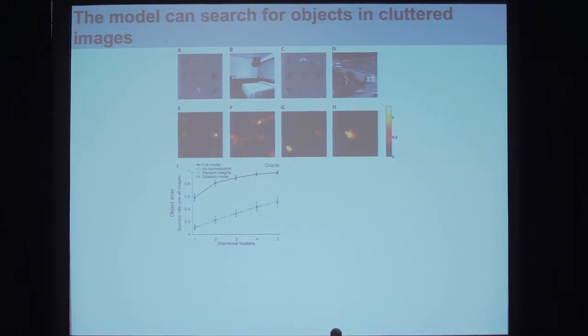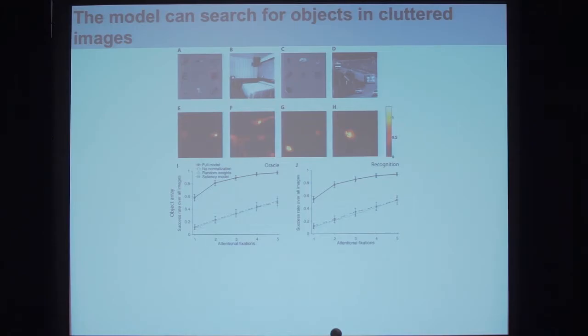So here are a couple of examples where we're looking for particular objects, either in images that contain arrays of multiple objects or in natural scenes. And what you're seeing there is the performance, so how many times you need to fixate, and how well the model can essentially find Waldo in these complex images, so how well the model can search for different complex objects by instantiating these feedback signals.